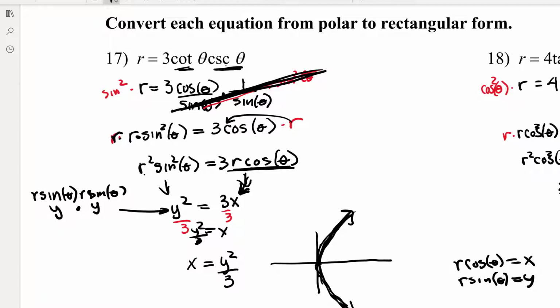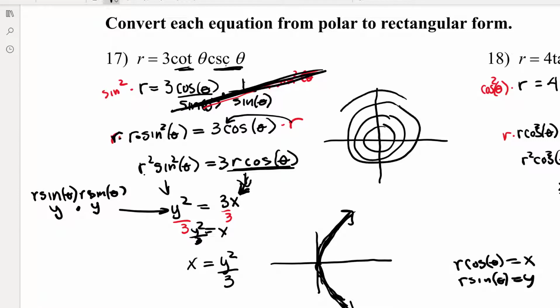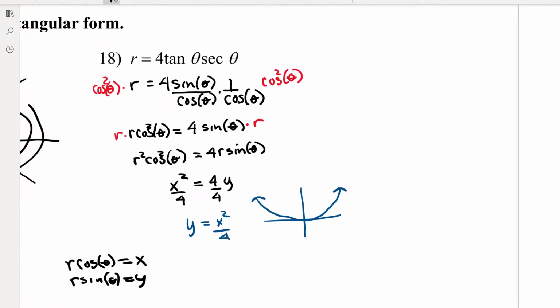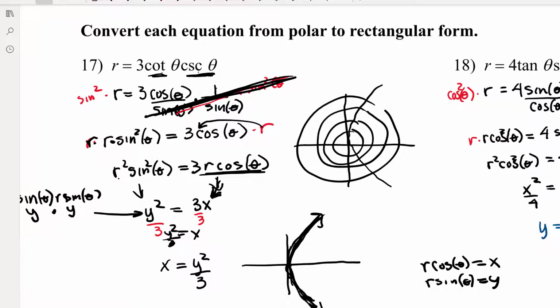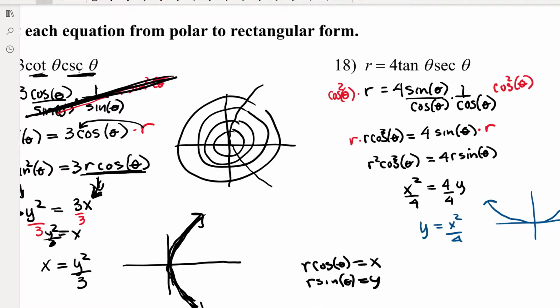And then this graph right here, on a polar graph, they would look the same, right? Let's look at this one. So if this was cotangent cosecant, and that equaled x equals y squared, if you've got tan secant, it's going to end up y equaling x squared.